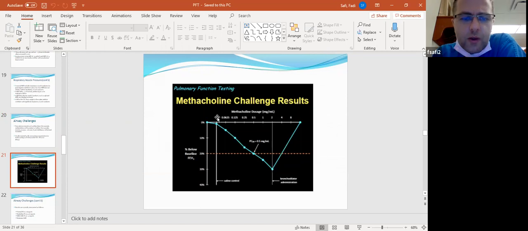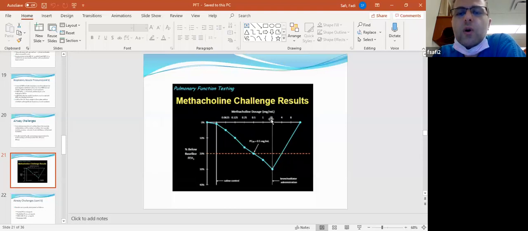So what you do is that you measure the FEV1. This is the FEV1 on the y-axis, and this is the x-axis with the methacholine dose. So you start with around 0.0625, then you go to 0.125, 0.25, 0.5, 1, 2, 4, and 8.